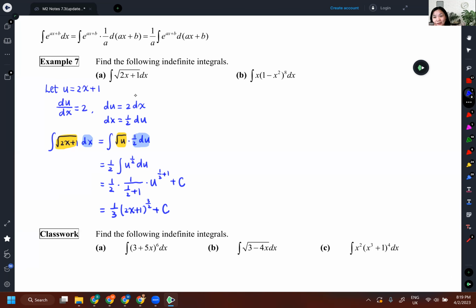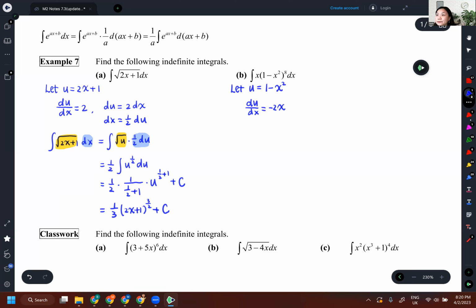So I will find the derivative du dx, which is negative 2x. You need to do differentiation. And then because of the differentiation, you will find a relation between du and dx. Now you will get du equal negative 2x times dx.